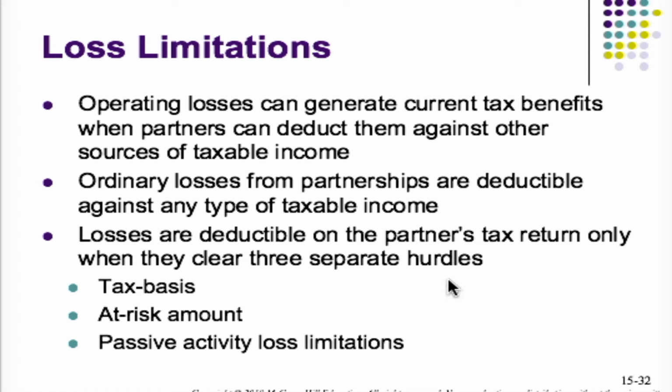Now, obviously, there are some benefits to being a partnership, and one of those is the usability of partnership level operating loss at the entity level when it's passed through to the partners on their individual tax returns, because ordinary losses from partnerships are deductible against any type of taxable income on an individual's tax returns.